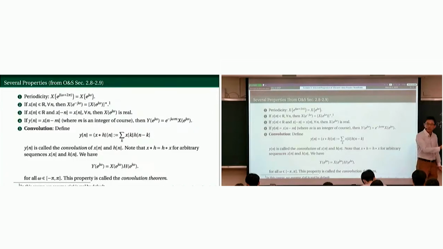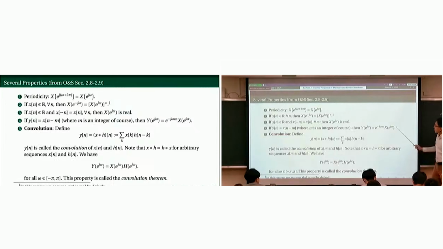Why? Because we delay the signal in time by m samples. So that means every frequency component is going to come m samples later. That's the meaning of group delay as a function of frequency. So there's no contradiction. Everything put together, they all make sense.